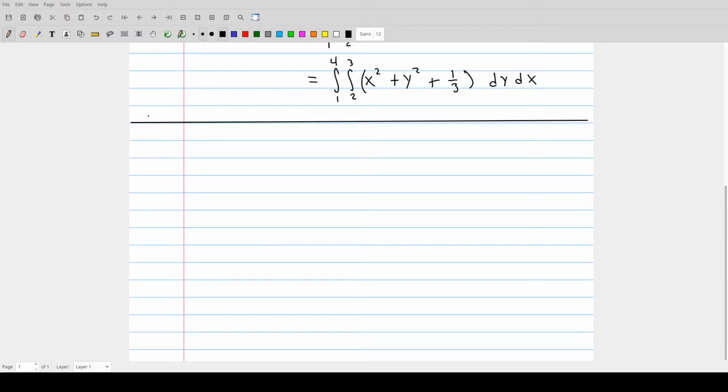So what I'll use for the example of this is the triple integral over non-rectangular regions.